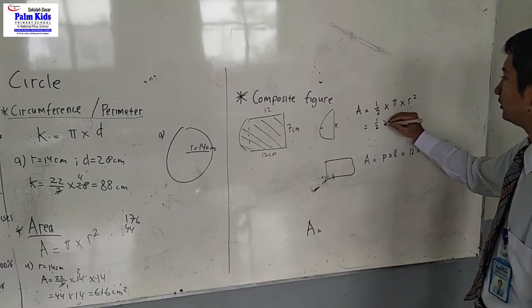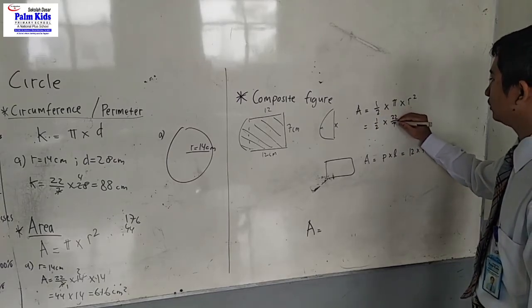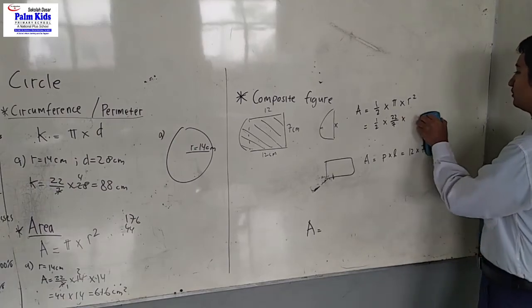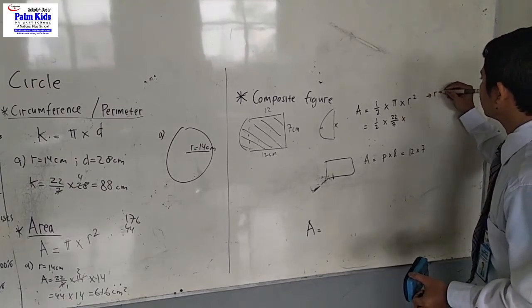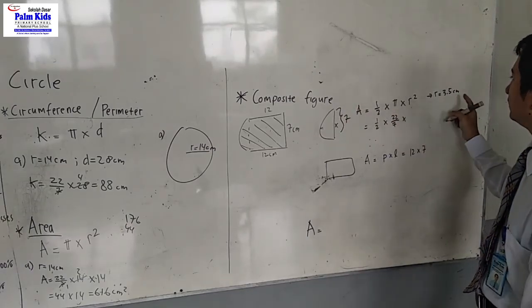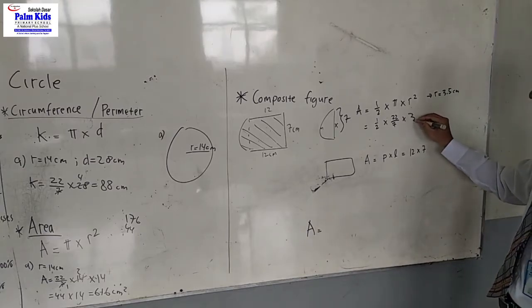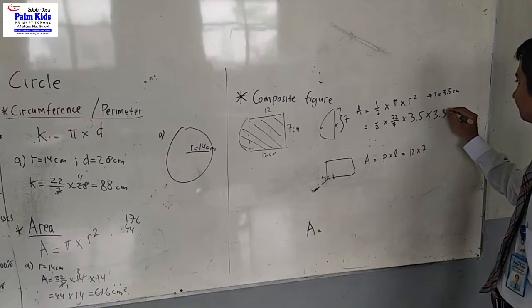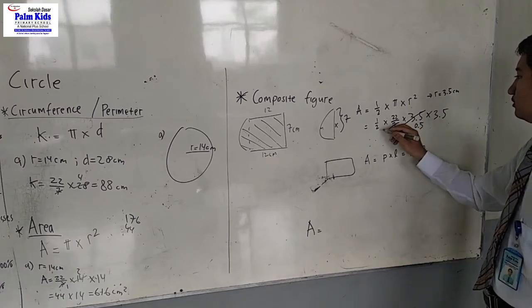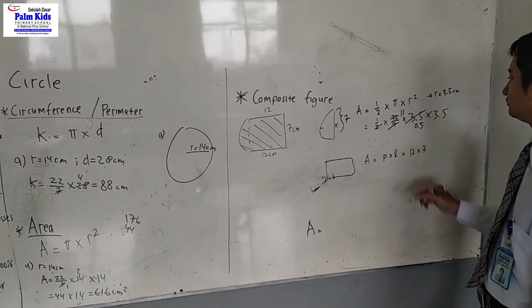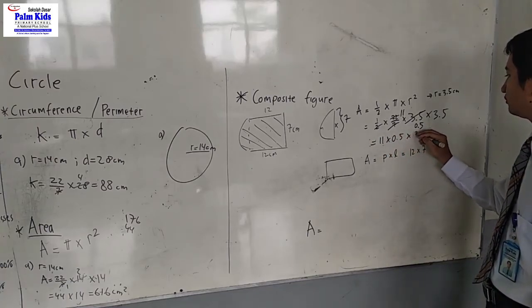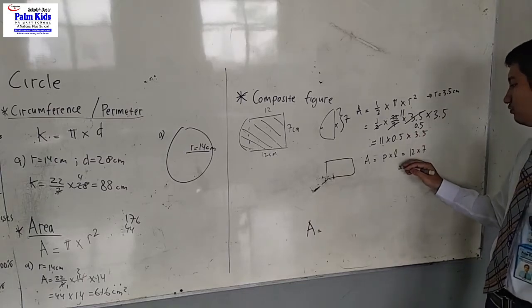This is a half multiplied by 22 over 7 multiplied by 7 multiplied by 7. No, r is not 7. r is 3.5 because the diameter is 7. So the radius is 3.5. Okay, simplify this. It's 0.5, so that's actually half. So you get 11 multiplied by 0.5 multiplied by 3.5, and this 12 multiplied by 7.